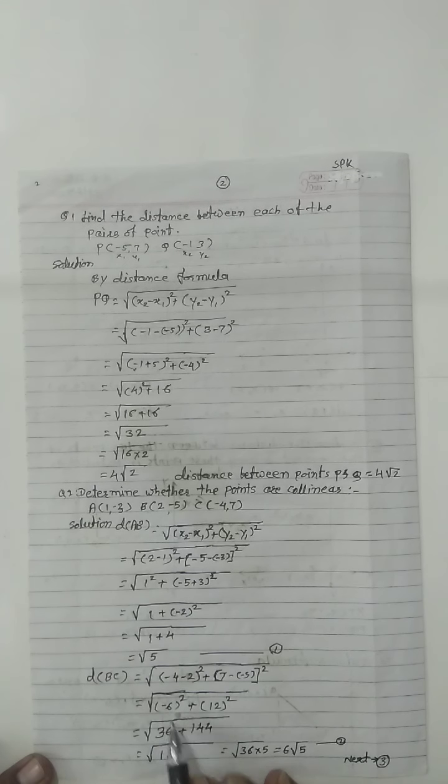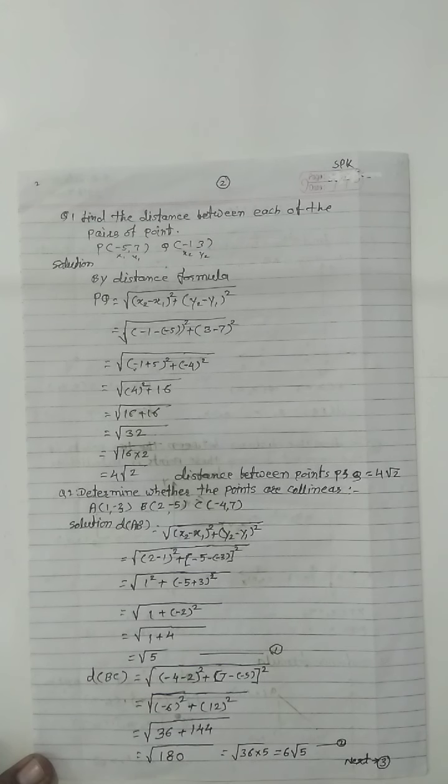So the square of -6 is 36 and the square of 12 is 144. The sum of these two is 180. 180 is nothing but 36 into 5. Then the square root of 36 is 6, under root 5.